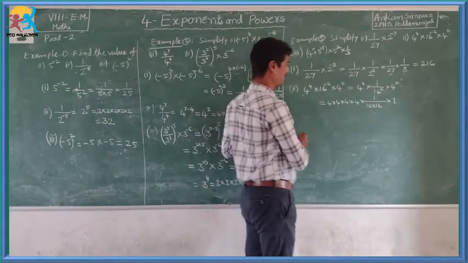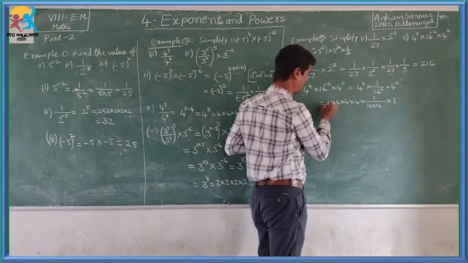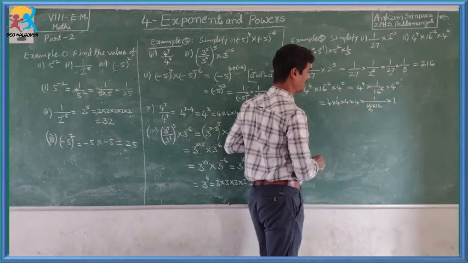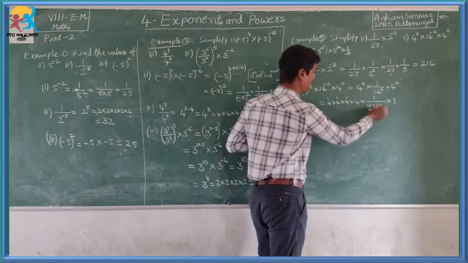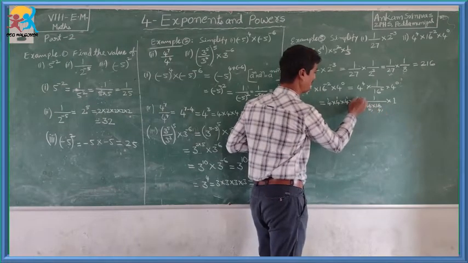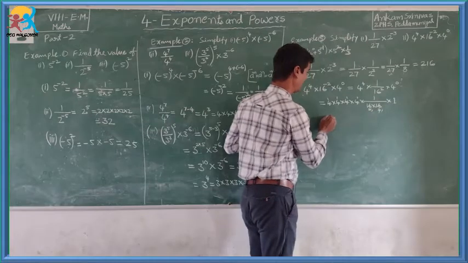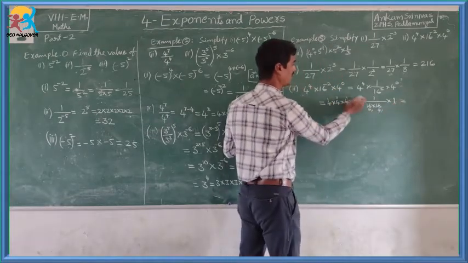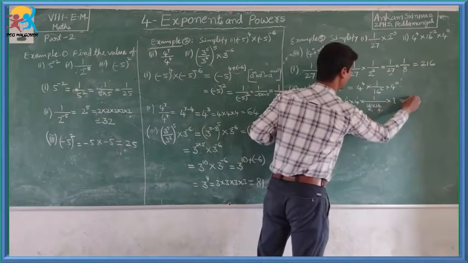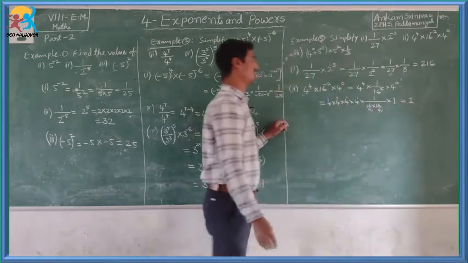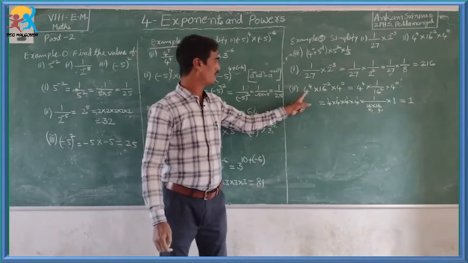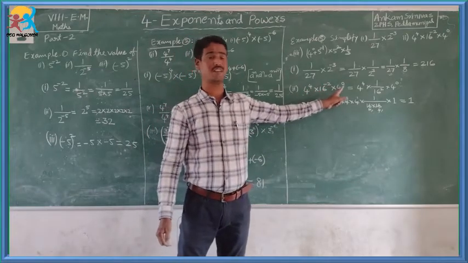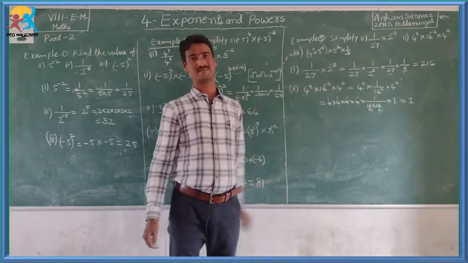So 4 ones are 4, 4 fours are 16, and they cancel. The remaining total answer is 1. So simplifying 4 power 4 into 16 power minus 2 into 4 power 0 is equal to 1.